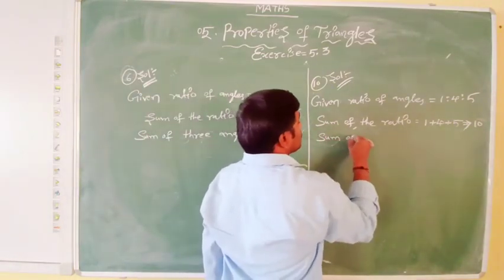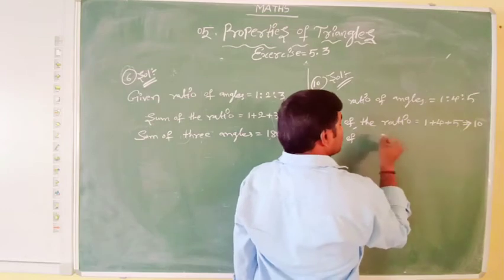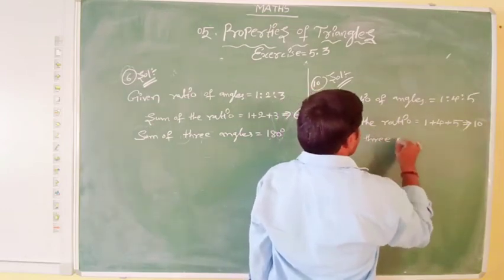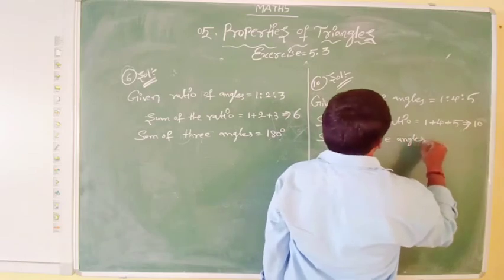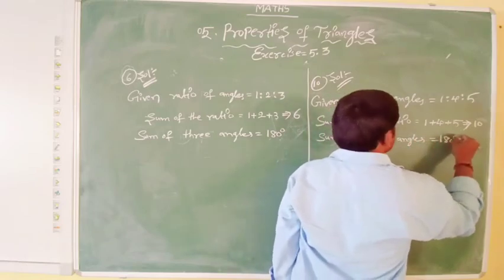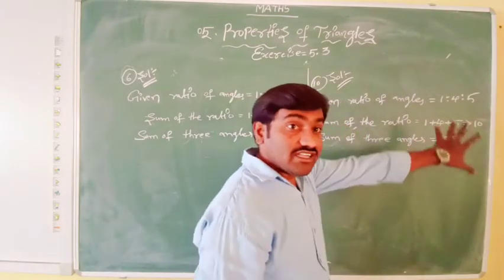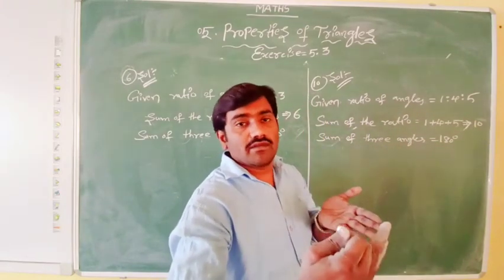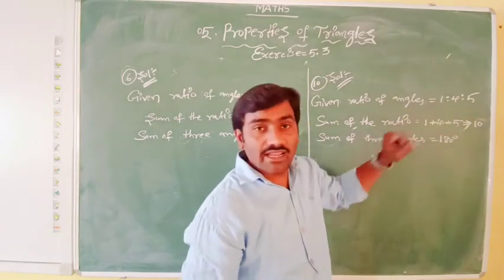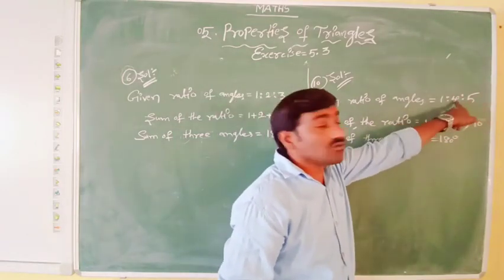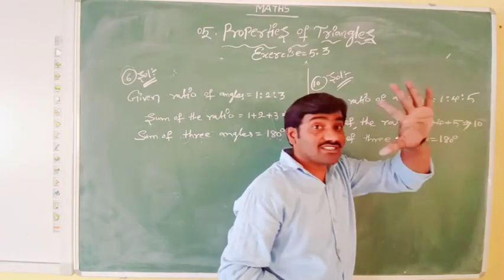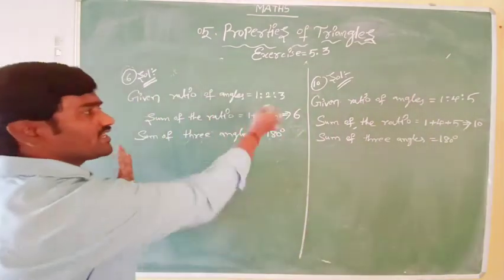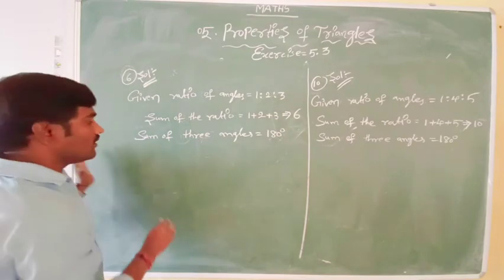We know that the sum of the three angles of a triangle equals 180 degrees. In this triangle, 180 degrees is divided into 10 equal parts. One part is given to the first angle, 4 parts to the second angle, and 5 parts to the third angle. So the dividing parts are different, that's only because the ratio is different. The remaining is all the same.